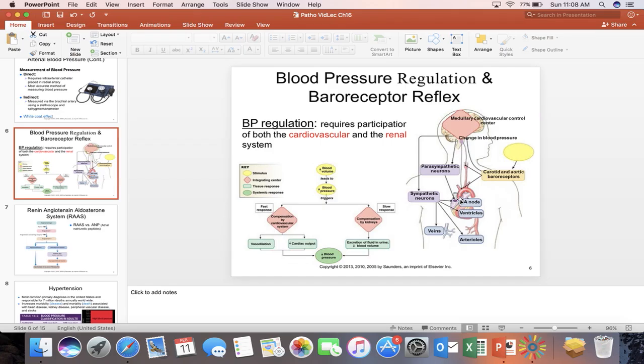And that is to do what? It will cause either an increase or decrease in heart rate, vasodilation or vasoconstriction, and an increase or decrease in contractility as well.